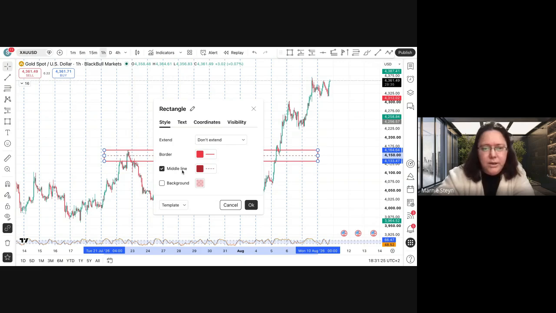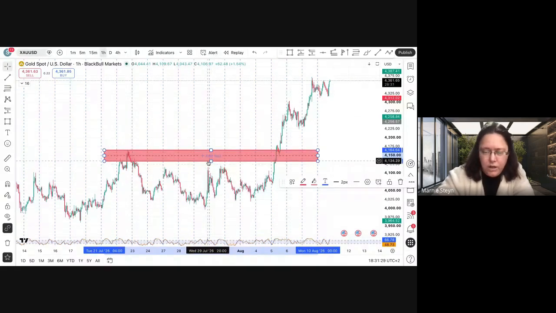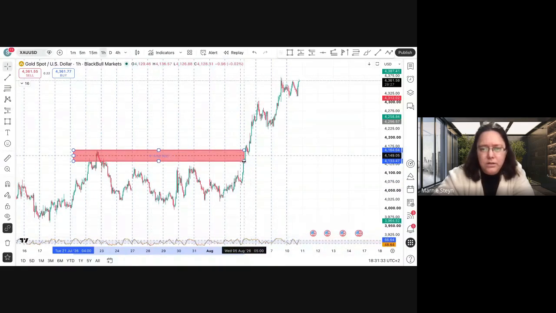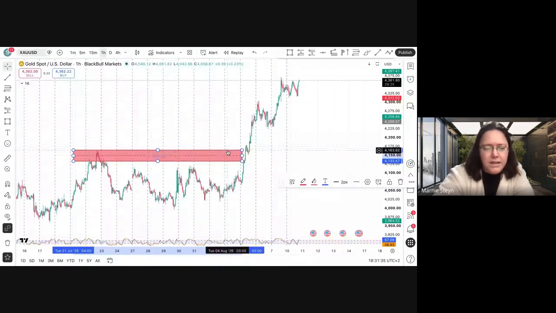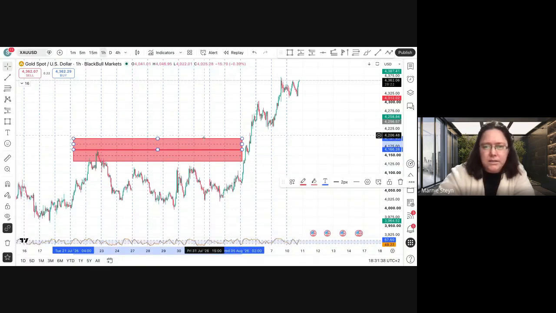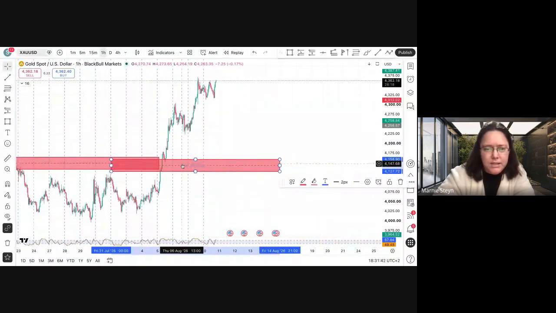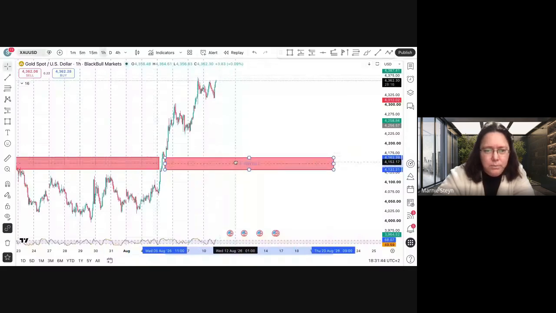So here you can see there is a strong area of resistance, now support. It's now turned support. You can see it was red, now it is green. So in the future, we will be looking towards this as being an area of support until it proves otherwise.